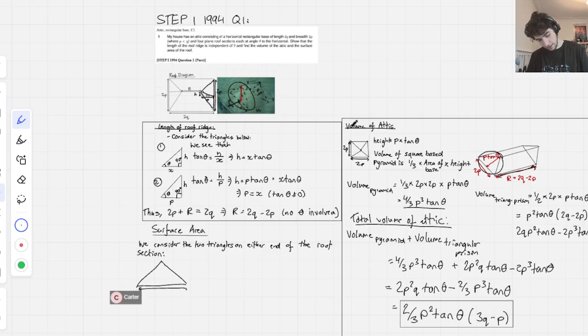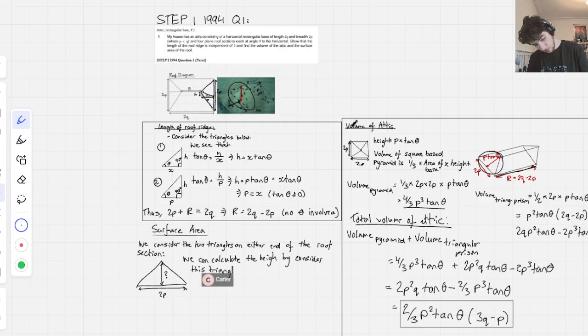And obviously that length there is 2p, but that height we don't quite know yet. We can calculate the height by considering this triangle. Right, so it's going to be something like, so there, that's obviously theta, that's 90 degrees, that is p.